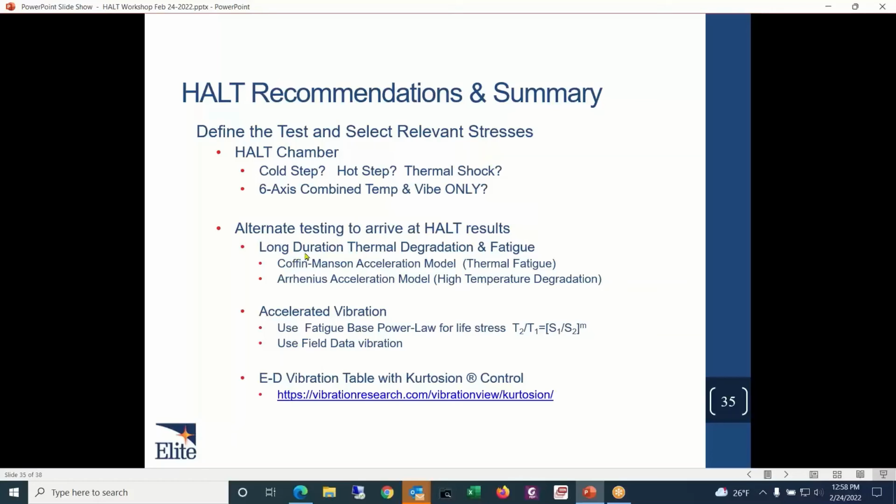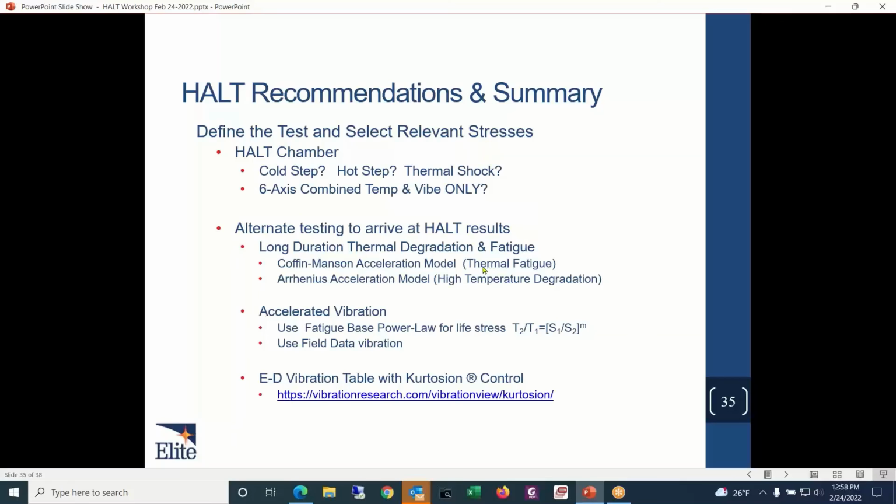But consider some of these alternative tests as well, that certainly manufacturers in all different industries rely on other types of tests to help them with these long-term, time-dependent failures. So thermal fatigue, we see a lot of manufacturers that might do tens, hundreds of hours, maybe 1,000 hours of thermal shock testing.